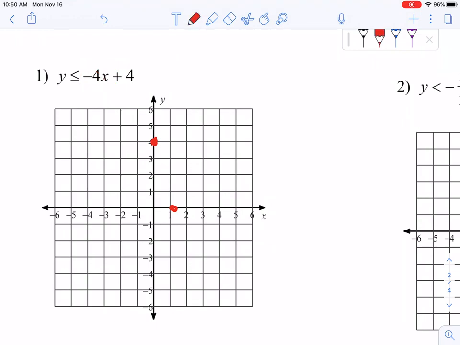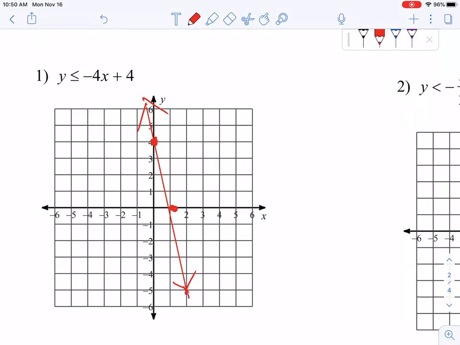And remember, based on what we just worked on, we're looking down here. This one's going to be a solid line, so I am going to put a solid line through my points. Something like that.